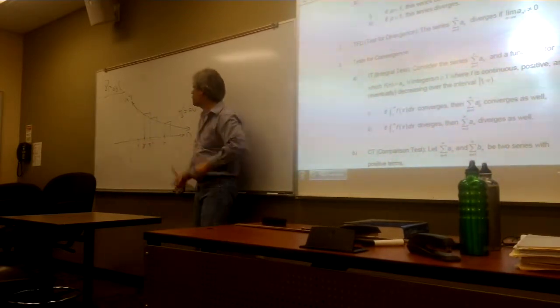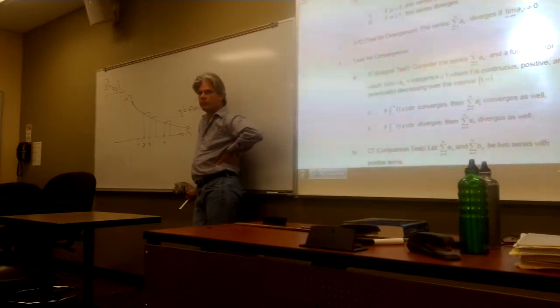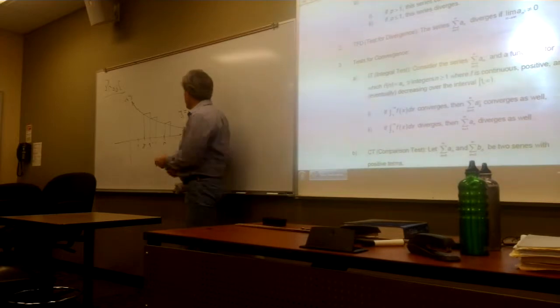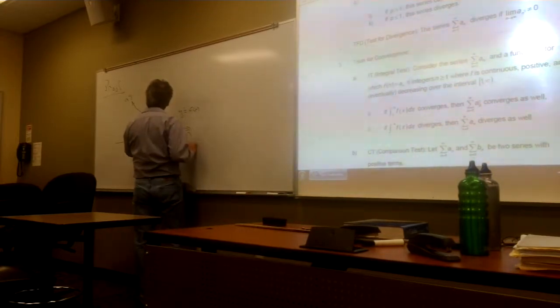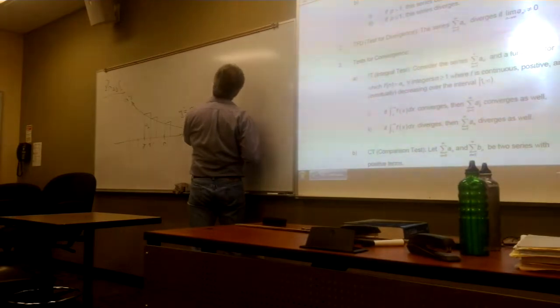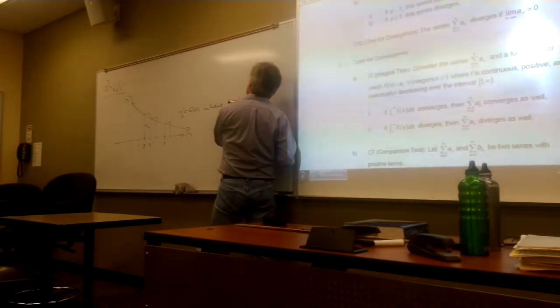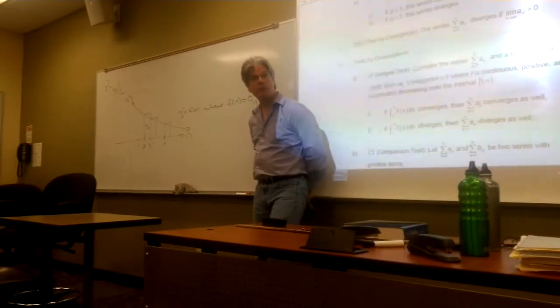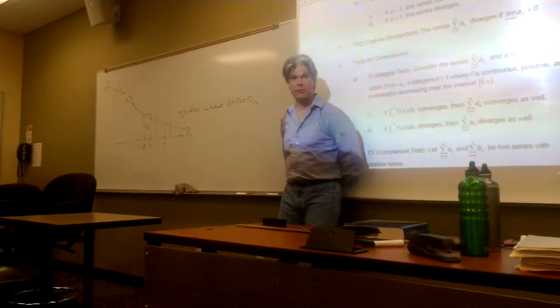Since the horizontal width of each of the subintervals is 1, can't we think of the area of the very first rectangle as nothing more than base of 1 times height of f(2)? After all, my function f coincides with the nth term of my series for values of x that are just restricted to the positive integers.